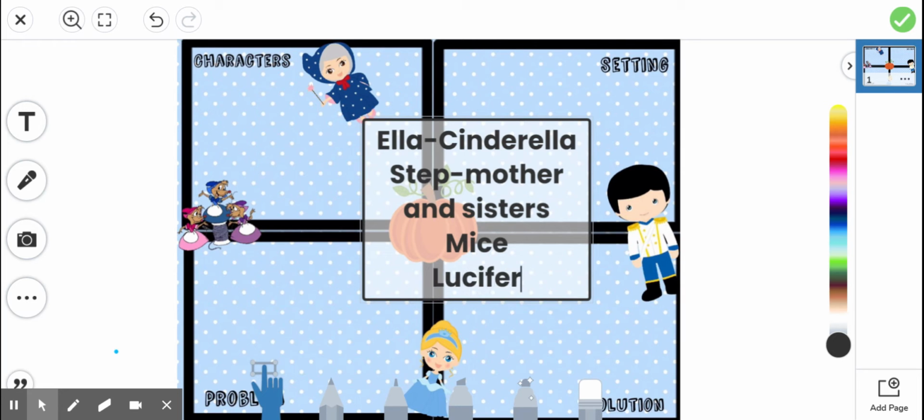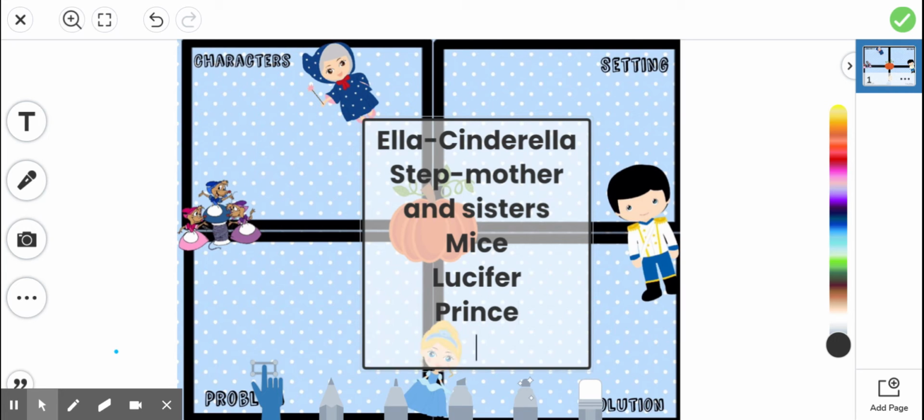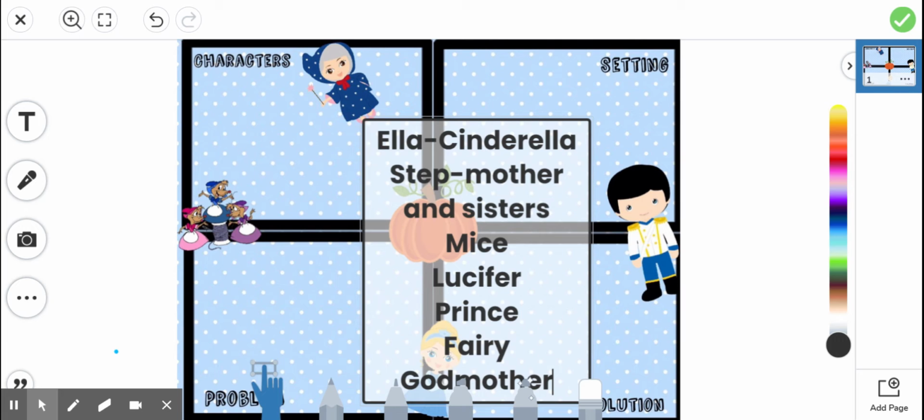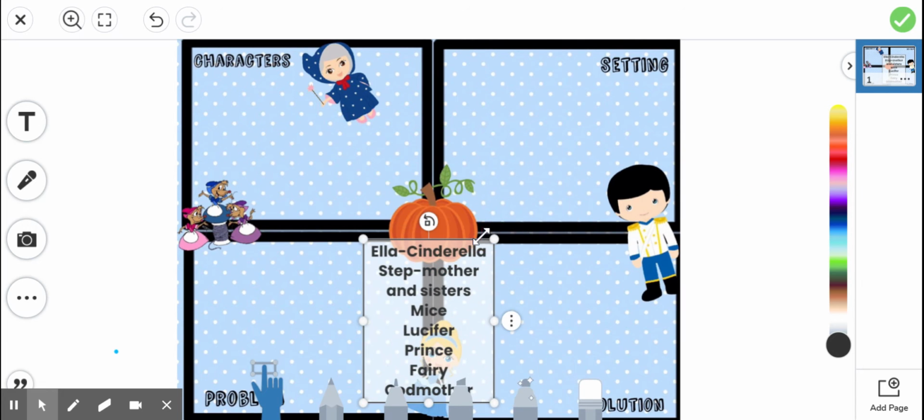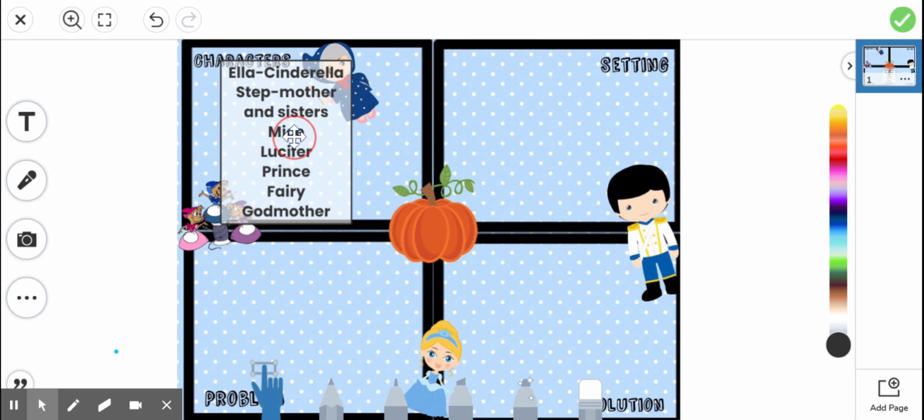There was a dog named Lucifer and a prince. There were other characters. Maybe we ought to say the fairy godmother. But I tried to choose characters that I thought were important to the events in the story. And so your most important character, of course, would be Cinderella.